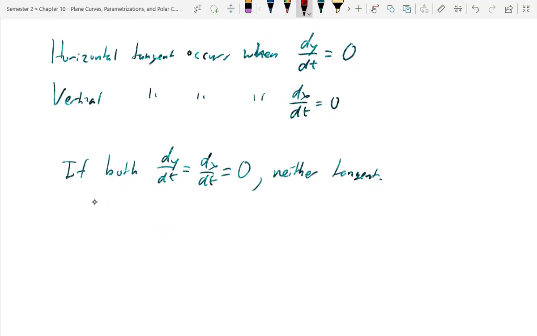Other things happen in other cases, where after you do this, you may also want to check dy/dx and see what you know about that.